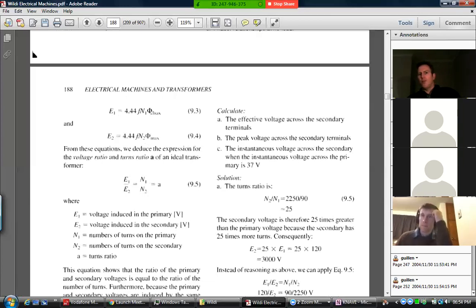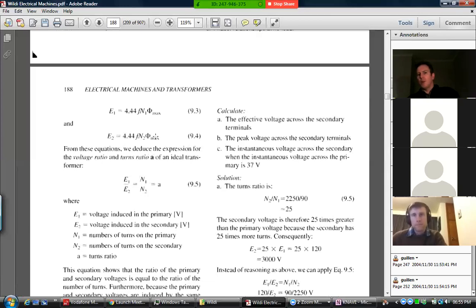The two fluxes are the same, they're mutual, which means that if you solve for it, once you write flux by itself, set them equal together, the 4.44 term will cancel, the f term will cancel, and you'll get left with the ratio of the voltages is the same as the ratio of the turns.